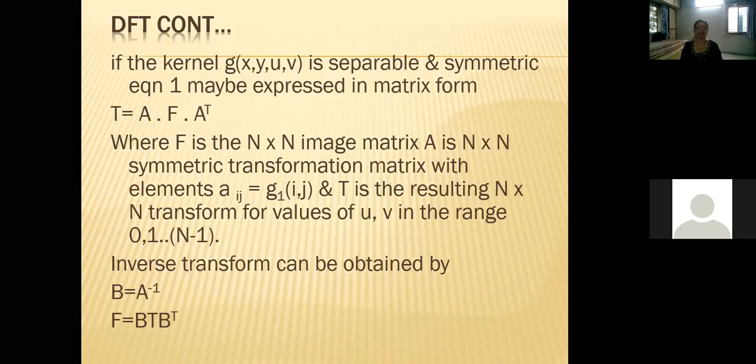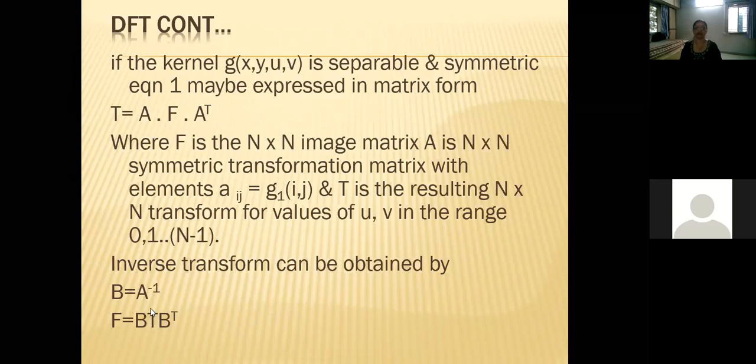In similar fashion, we can also determine the inverse transform, and reconstruct the original image F simply by two matrix multiplications. We can get the original image F by B into T into B transpose.